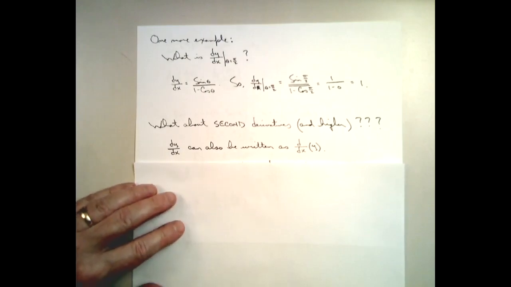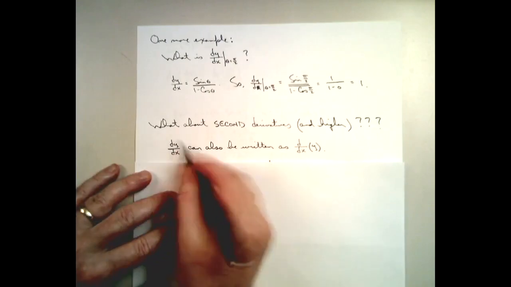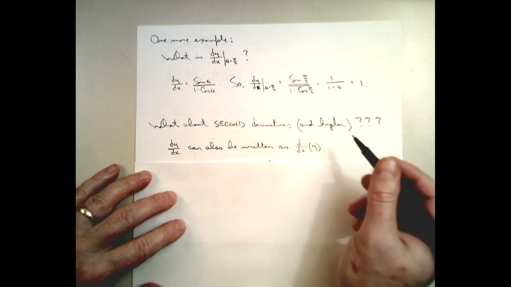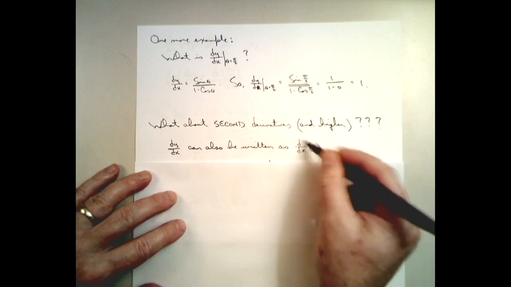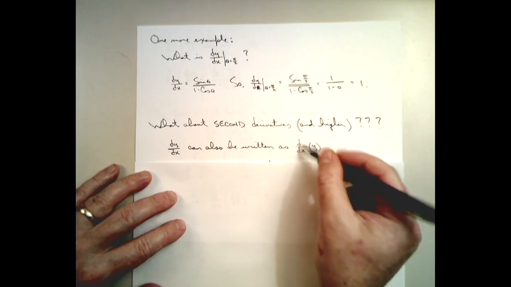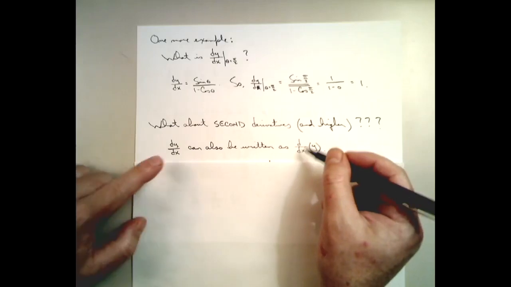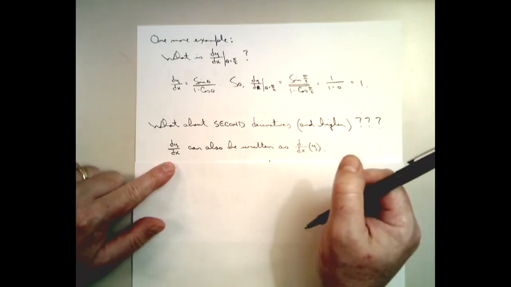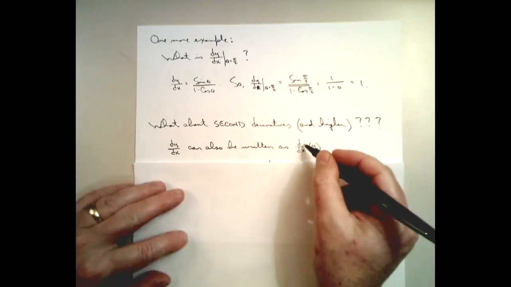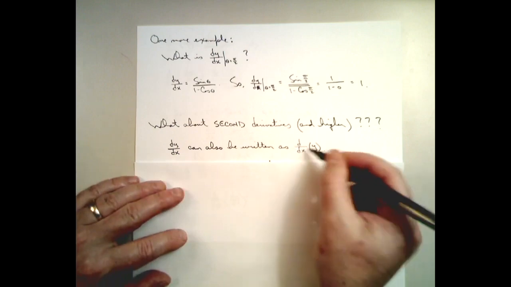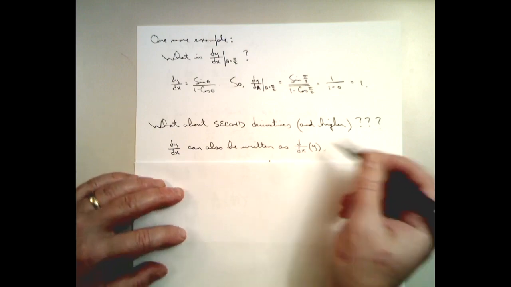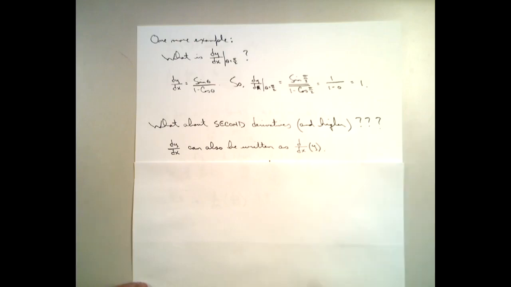Let me point out that dy/dx can also be written in this way, right? Where d/dx simply means take the derivative with respect to x. So over here, this says take the derivative of y with respect to x. Over here, this says take the derivative with respect to x of y. There are two ways of saying the same thing.